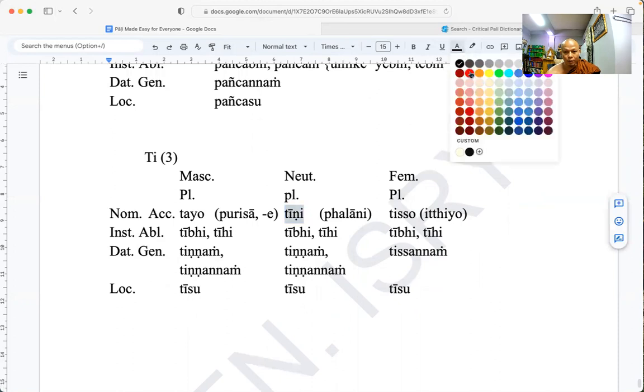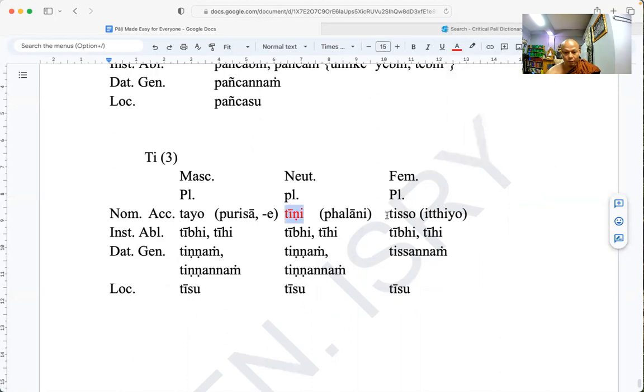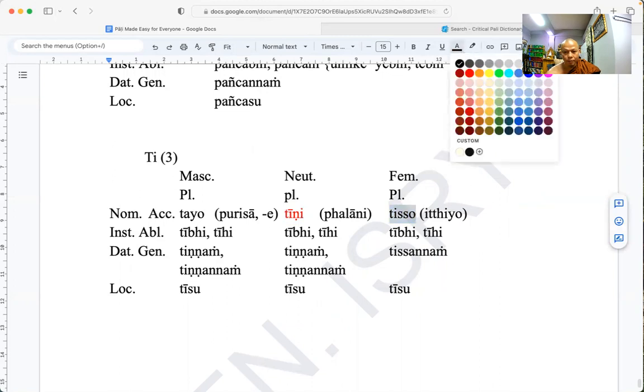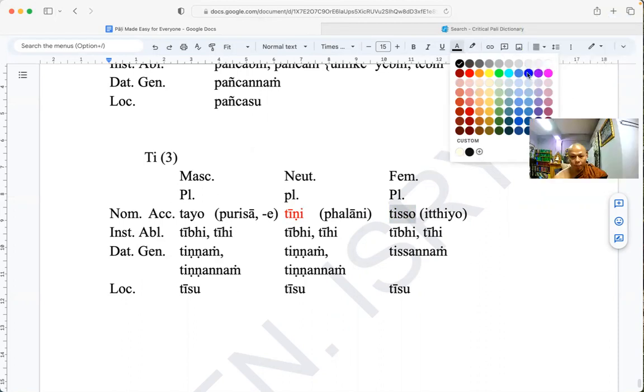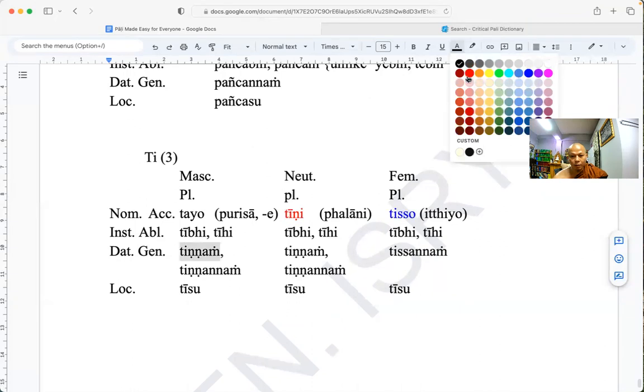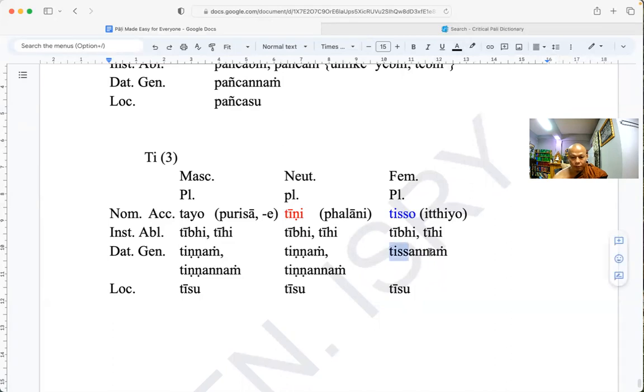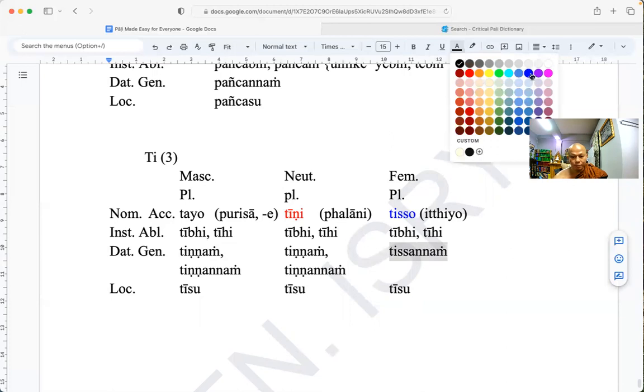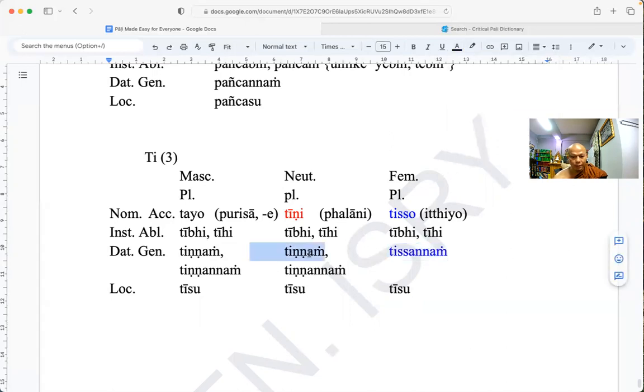So neuter and then feminine. And then feminine. Only these forms are different. But here for the dative and genitive, so the same as the masculine.